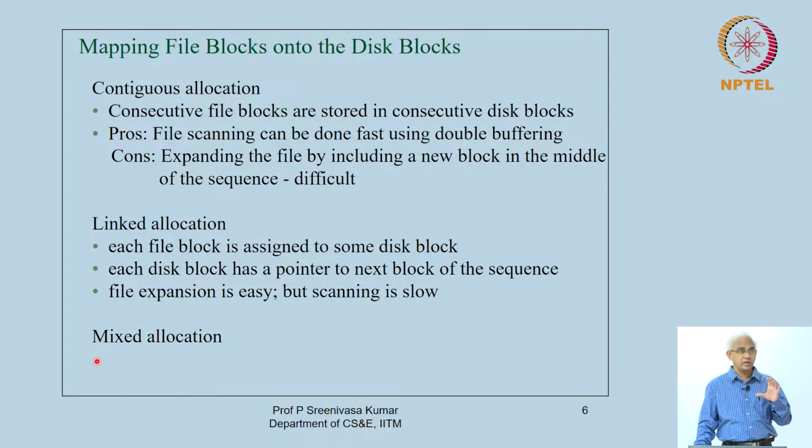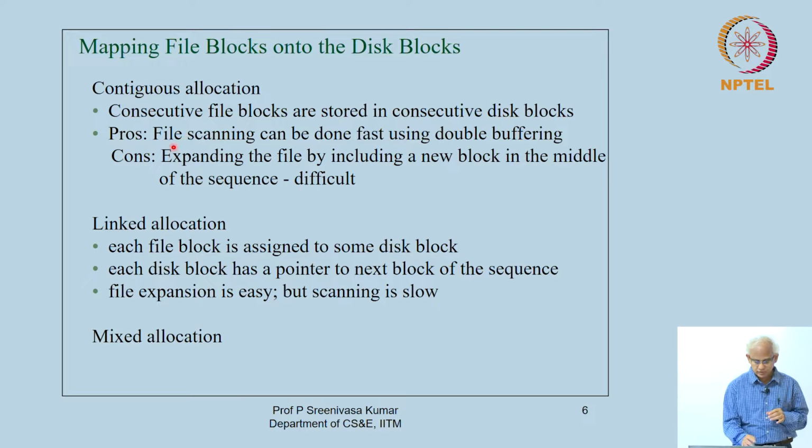We call them file blocks, and these file blocks need to be mapped to the disk. So we were looking at what mapping policies are possible here. One of them is contiguous allocation, where we will map consecutive file blocks onto consecutive disk blocks.